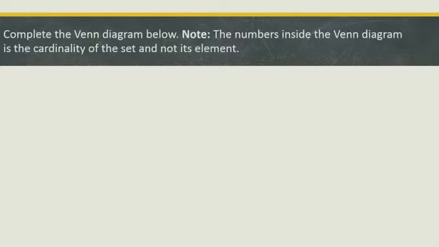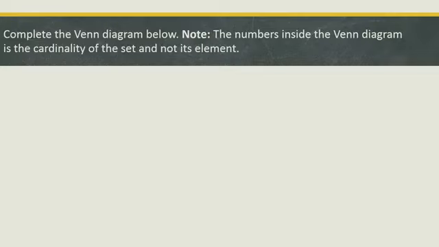So, to go further beyond in our understanding, let's have this. Complete the Venn diagram below. Note, the numbers inside the Venn diagram are the cardinality of the set and not its elements. Again, ang naa sa sulod kasi normally atong ginabutang previously sa atong circle, nagbutang tag 1, 2, 3, 4, 5, kato elements to. Ang atong gibuhat karon dili elements.